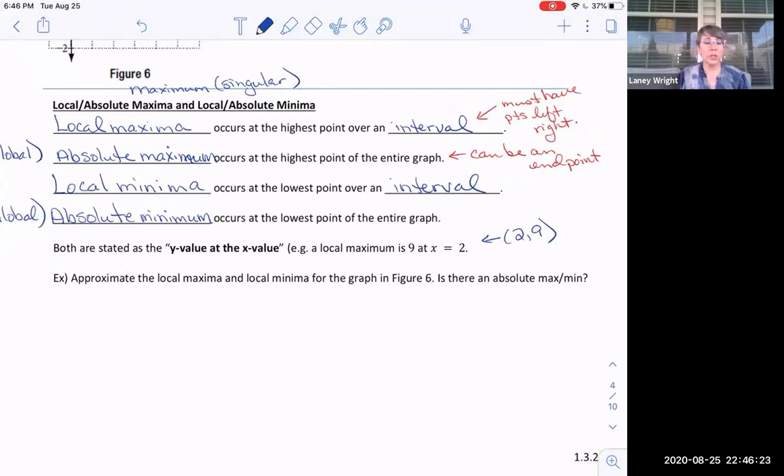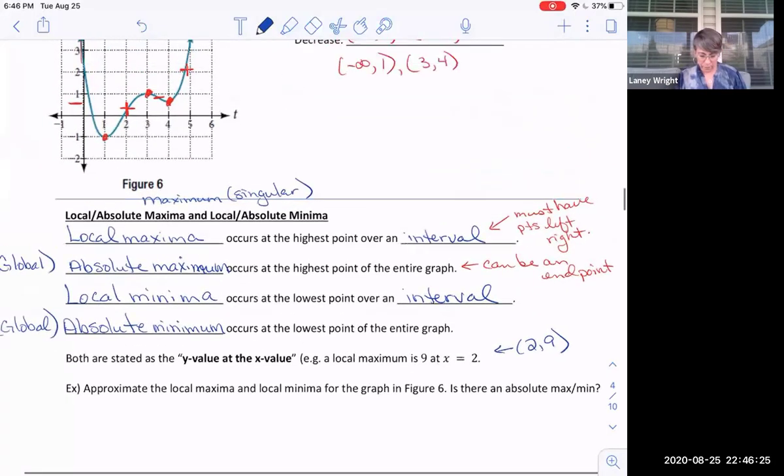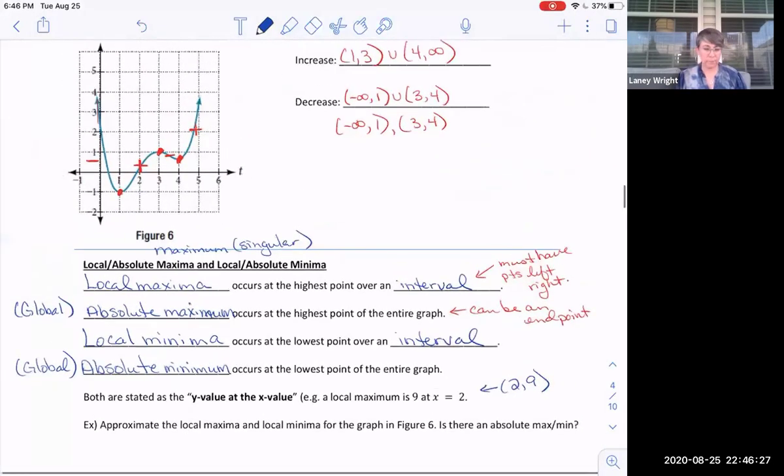So they want us to look back at the graph in figure 6. So there's that guy right there.